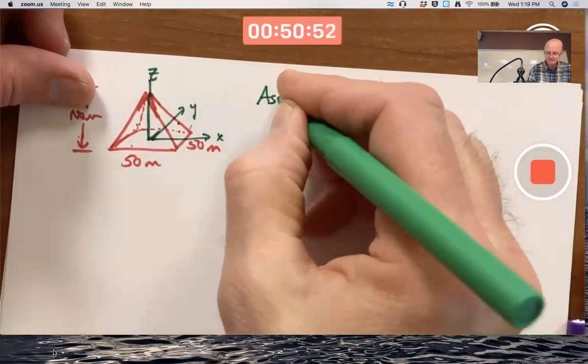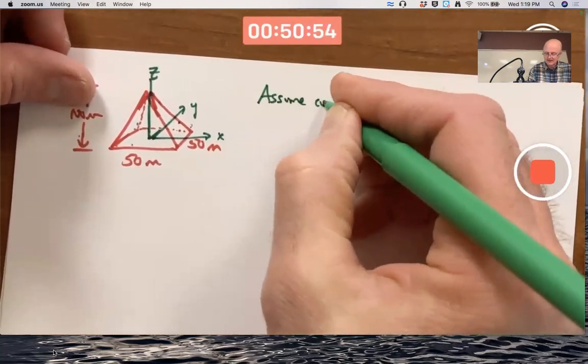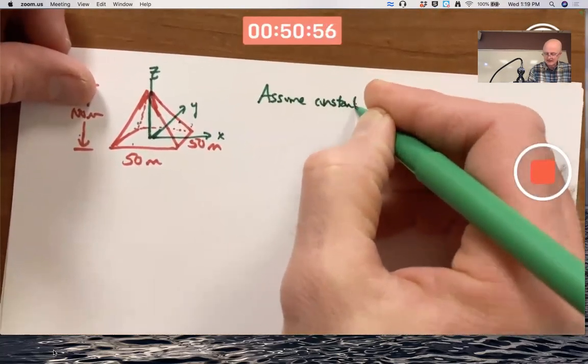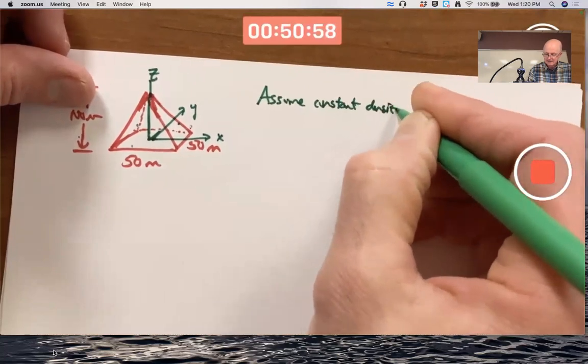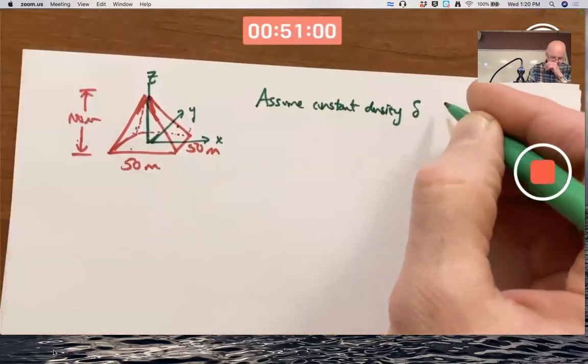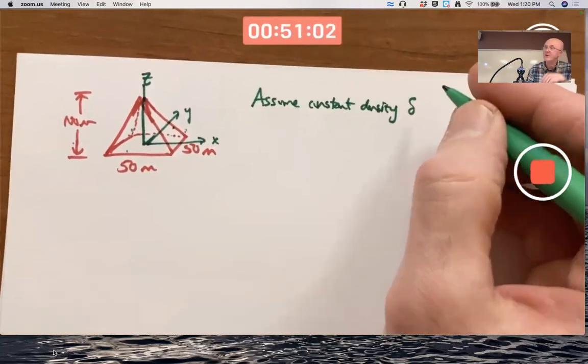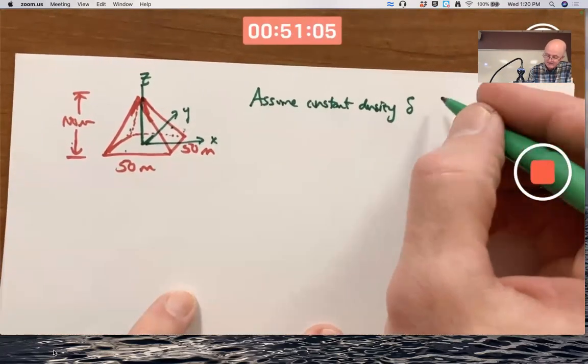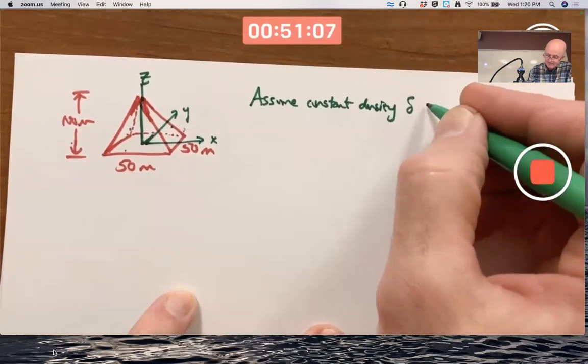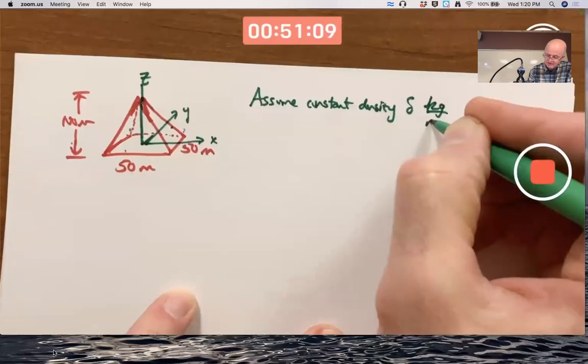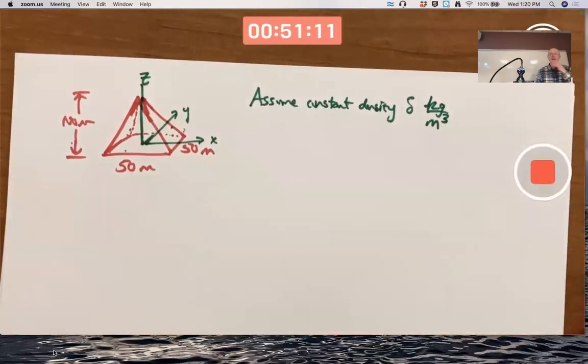Assume constant density, delta, this time in units of mass per unit volume, not area, say kilograms per cubic meter. And this time I'm not going to bother saying what the mass is ahead of time, and I'm not going to figure out delta.